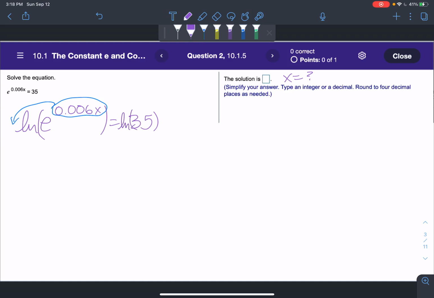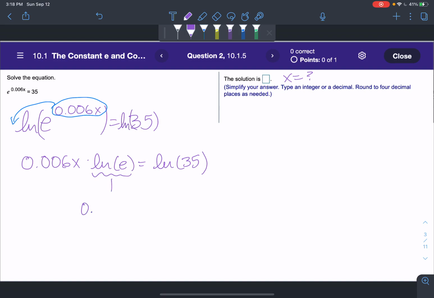So I can rewrite this as 0.006x times the natural log of e is equal to the natural log of 35. The natural log of e, they're inverses of each other, so this is equal to 1.